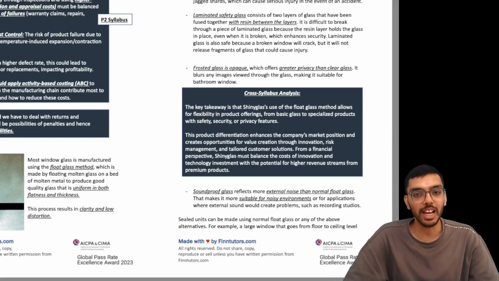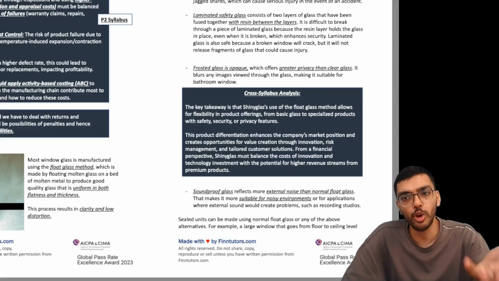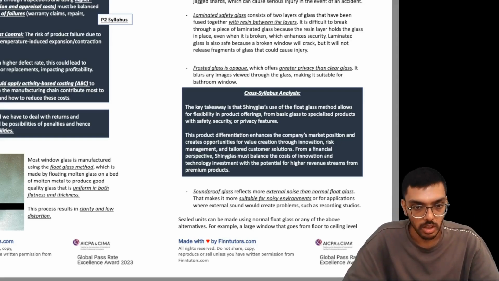Last, we have soundproof glass as well, which reflects more external noise than normal float glass. Good for noisy environments. These sealed units can be made using normal float glass or any of the above alternatives.